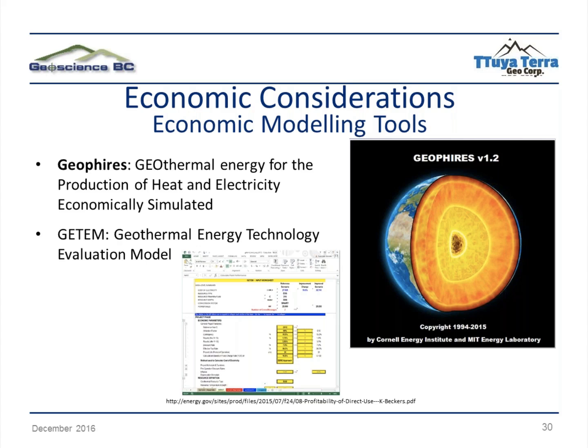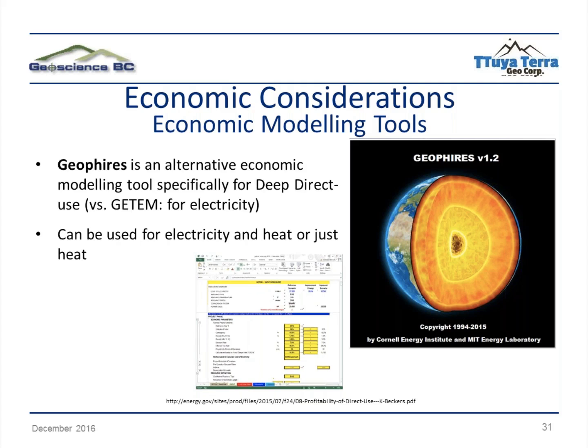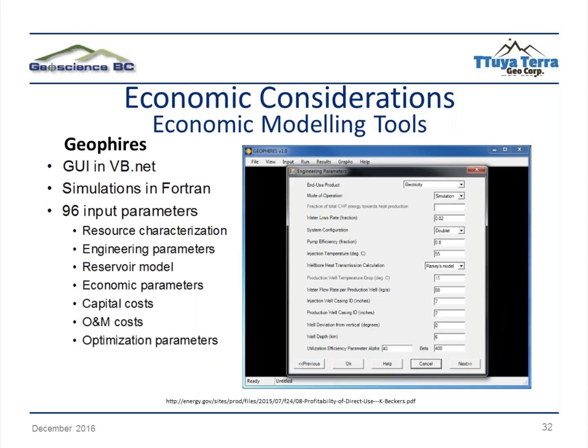On the electrical generation side of things, you have an economic modeling tool called GETEM, which is Geothermal Energy Technology Evaluation Model. So essentially these systems have various different inputs that can be included. And for the example of GeoFires, we've got 96 input parameters, and these input parameters cover all of the information that you would have gathered in the early and advanced stage of exploration that characterize your resource.